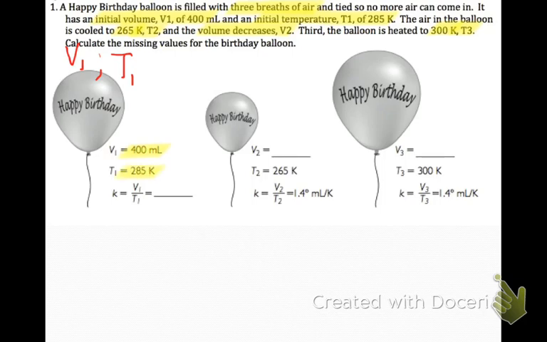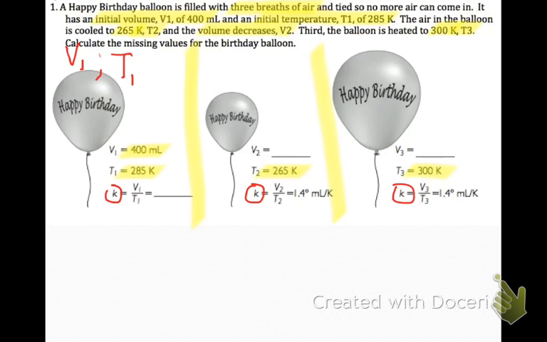In the second experiment, with the same balloon but a second trial, we've actually decreased the temperature, and then in the third set, we've increased the temperature. So we need to figure out what the proportionality constant is. So pretty much what happens with this little k with each of these measurements.